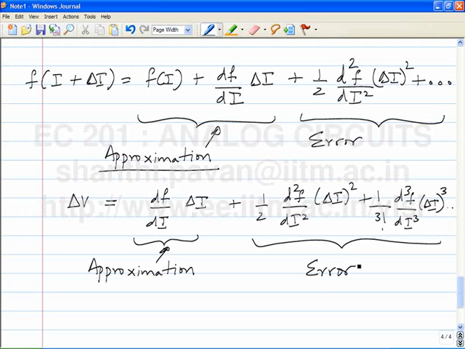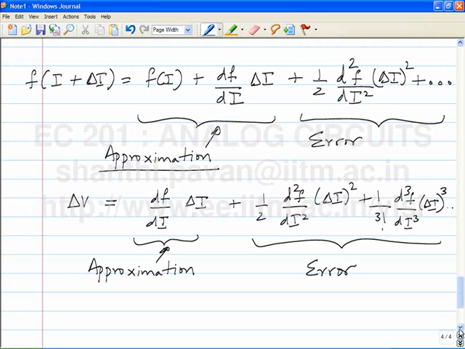So now can you tell me what small signal means? What delta I would you call a small signal? Do you understand the question? If I made delta I infinitesimally small, then presumably the error is very small. As I go on increasing delta I, the error goes on increasing. So how would you define small signal?